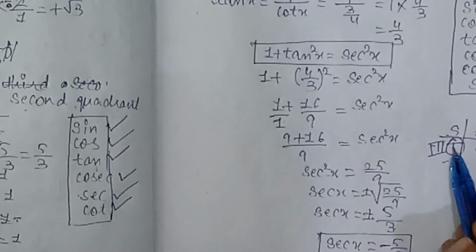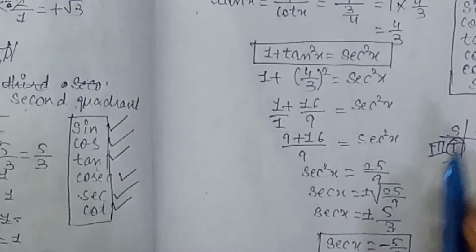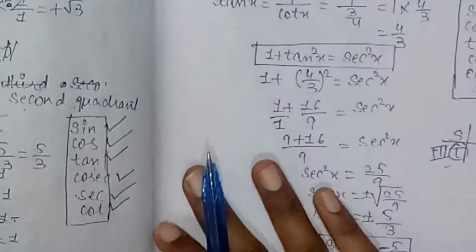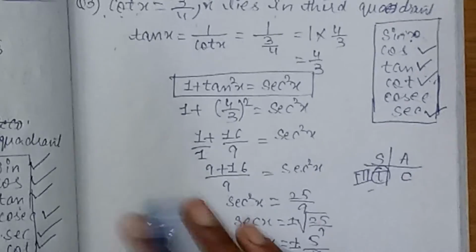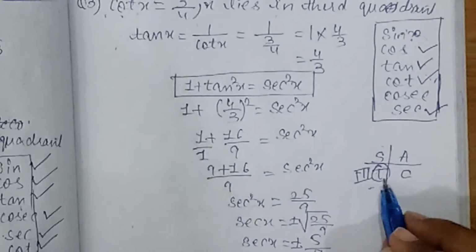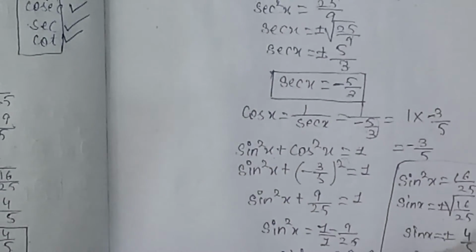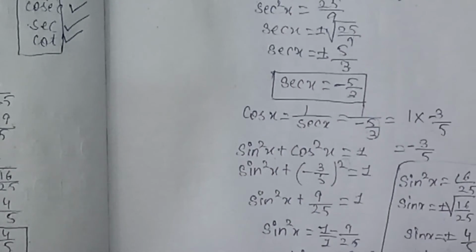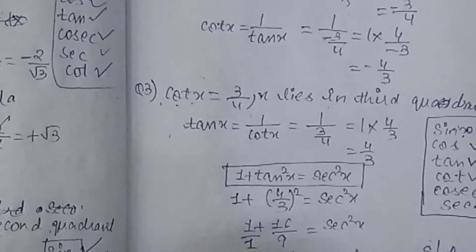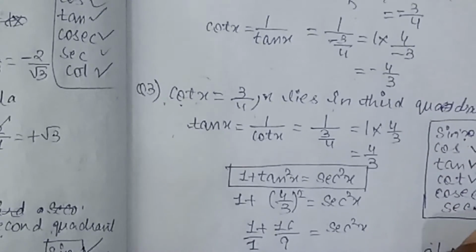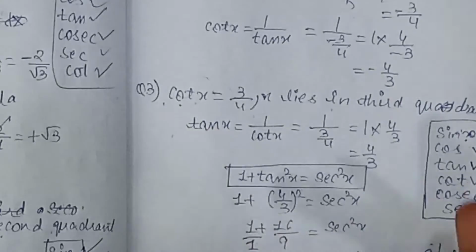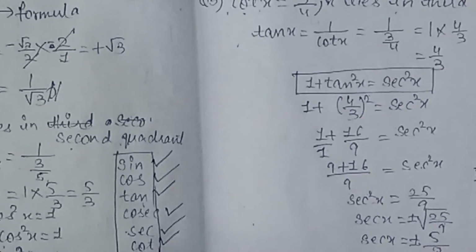In the third quadrant, only tan and cot are positive, all others are negative. So the sine value will be minus 4 by 5. So we got the value of sine also. How are we going to find the cosecant? We can do the reciprocal. So I'm doing it over here.